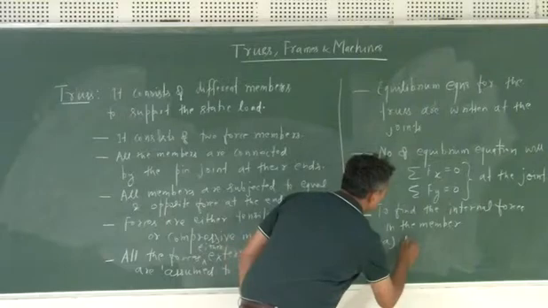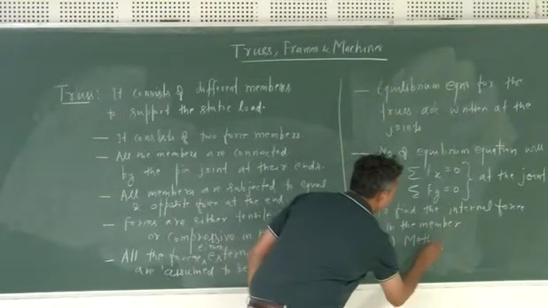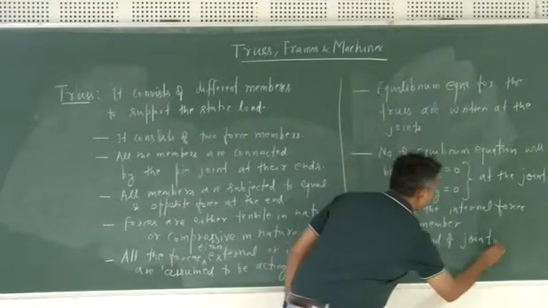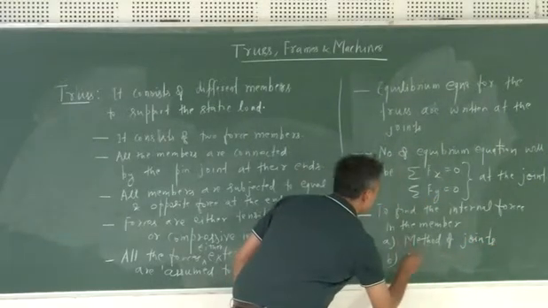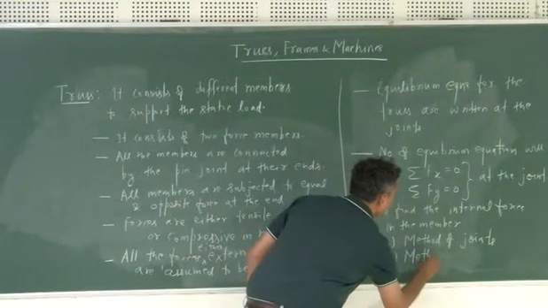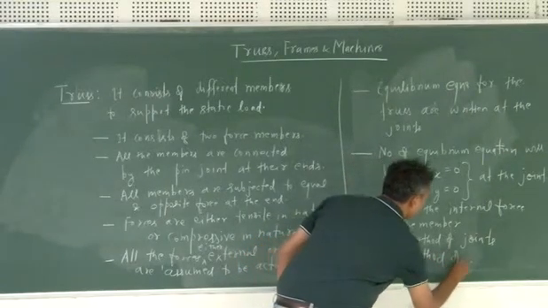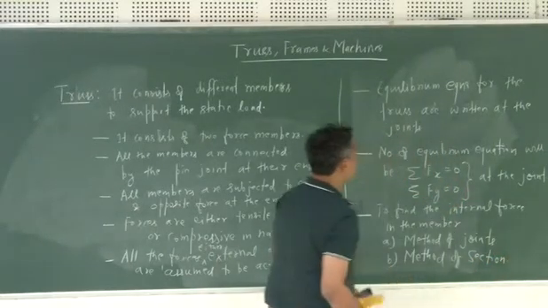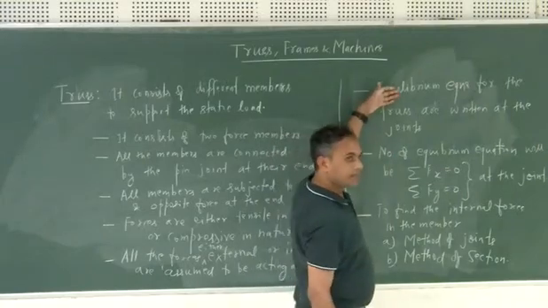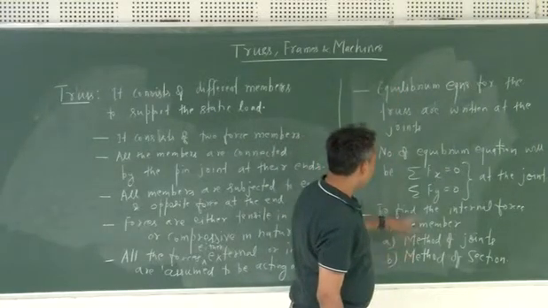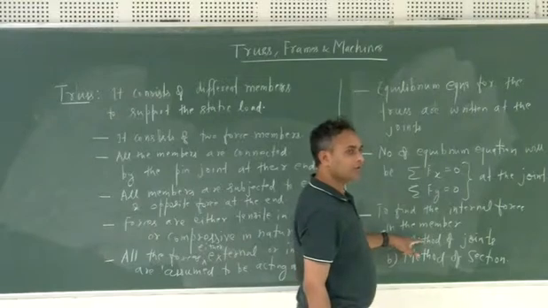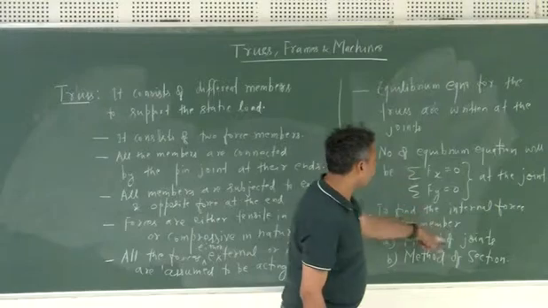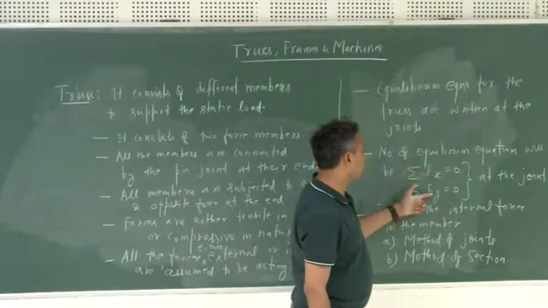First one is method of joints, and second one is method of section. Basically, the equilibrium equations are written at the joints when you are using method of joints, and the number of equations that will be formed at the joint will be 2, which are summation of Fx and summation of Fy.